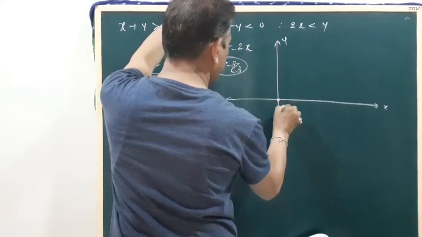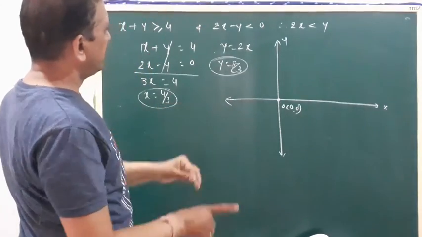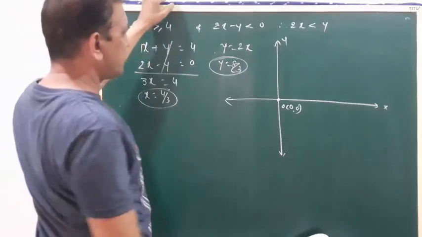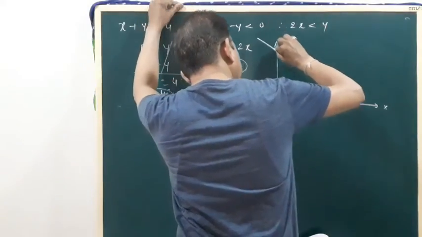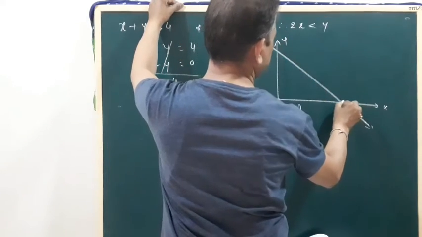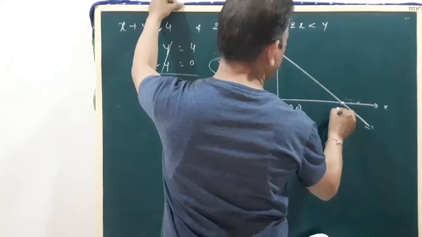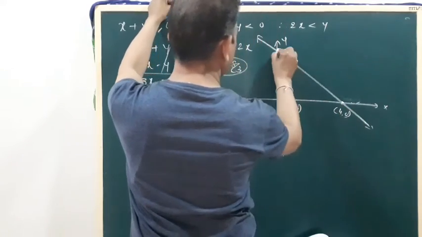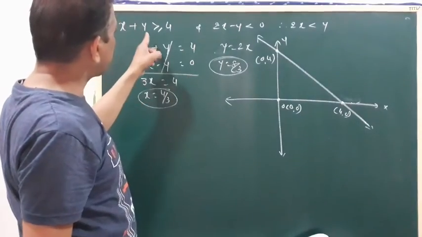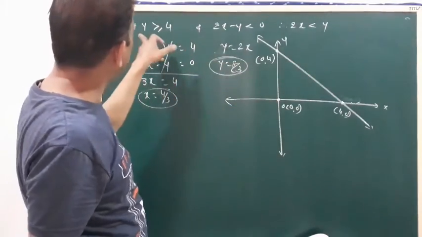Here the origin. Right? Okay. Now first here (4, 0), hold it right here, and (0, 4). For x plus y, (0, 0) is not satisfied, so the lower part is not included.